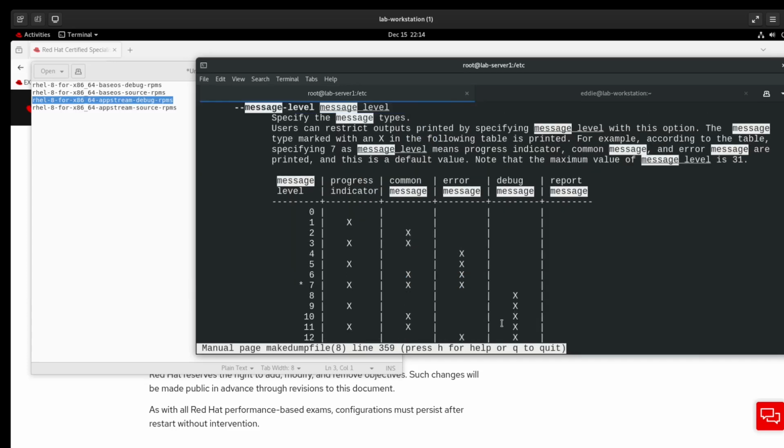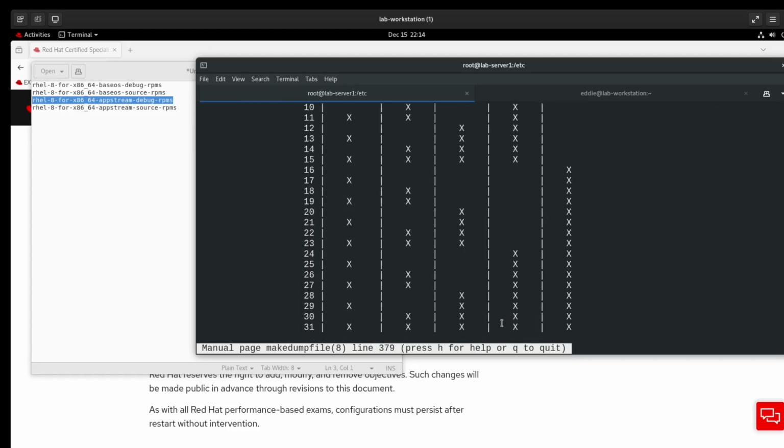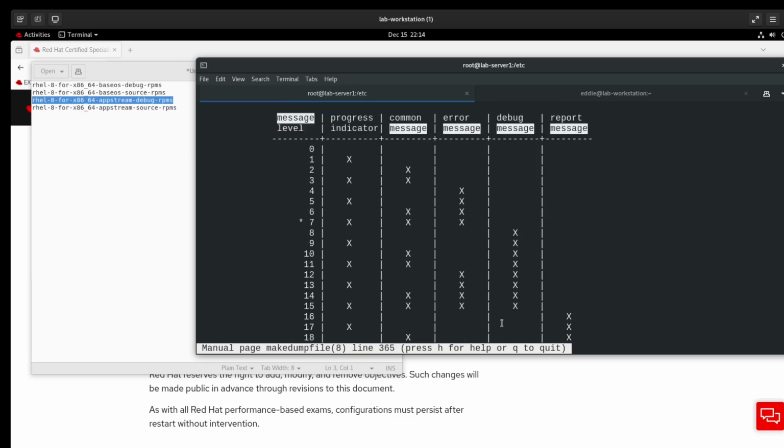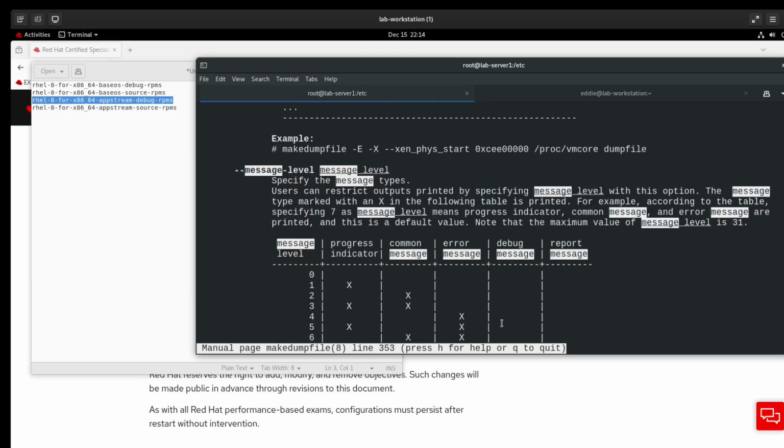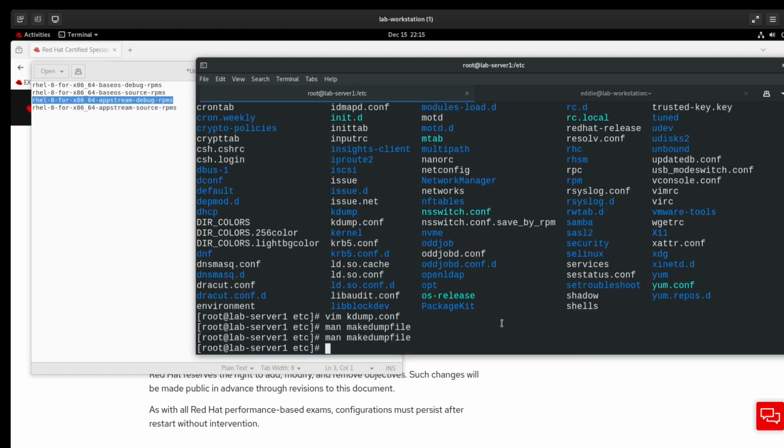This is including stuff. So your message level 31 is including all of the things. Message level 1 and 0 are going to exclude basically all of your messages. I believe I'm saying that right. Restrict outputs with specified message level. Yeah, things marked with X are printed, and then with the other one, the things marked with X are excluded. So that is something to take note of.